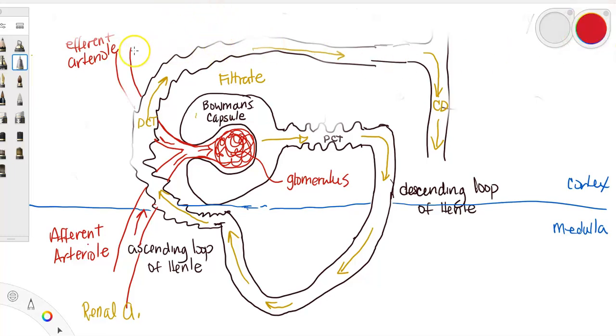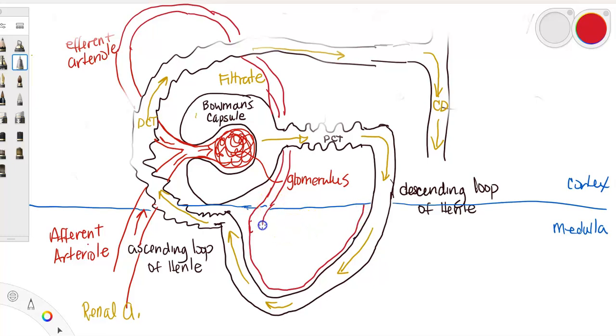So the blood vessels are all wrapped around it, but they come around and go around here and they travel down and around where the loop is.